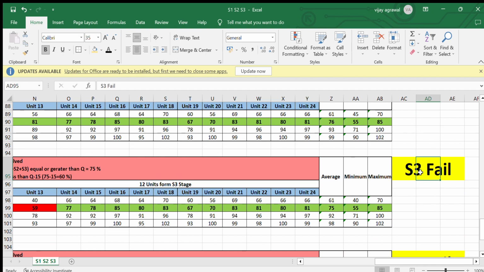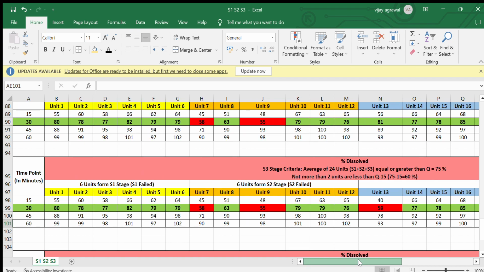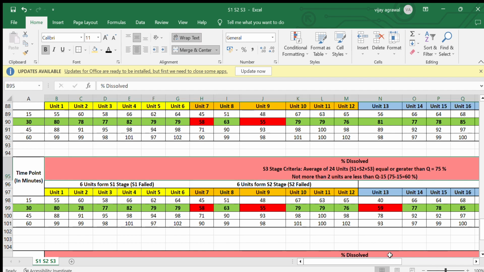Now we will take the example of failure of S3 stage. See here, 3 units are less than 60%: 58, 55, 59. So this criteria is failing, that not more than 2 units are less than 60%.